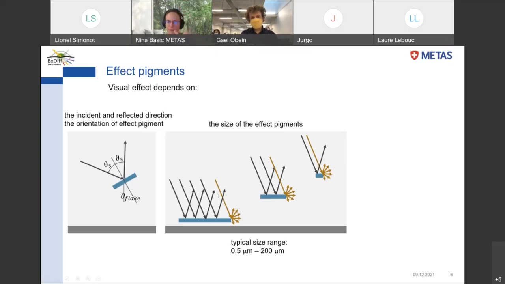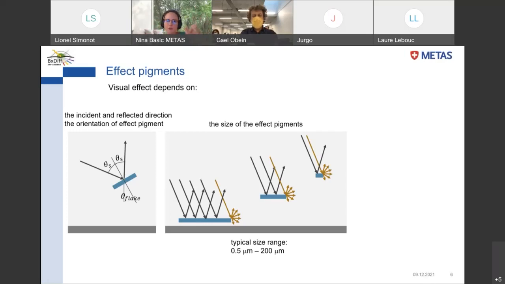When the light hits the edge of the pigment, it is not specularly reflected, but more or less scattered around, and for the purpose of this simplified model, it's basically lost in the binder.